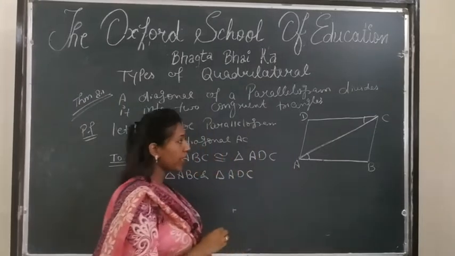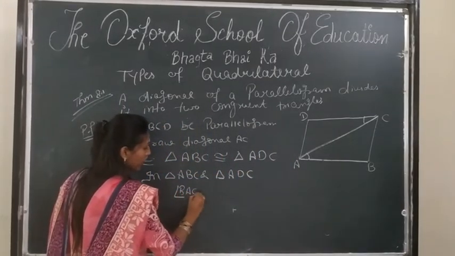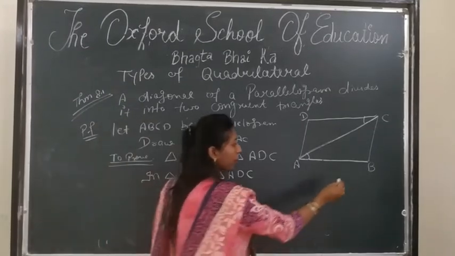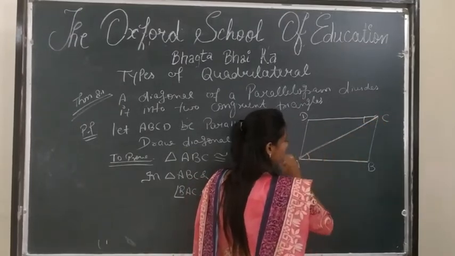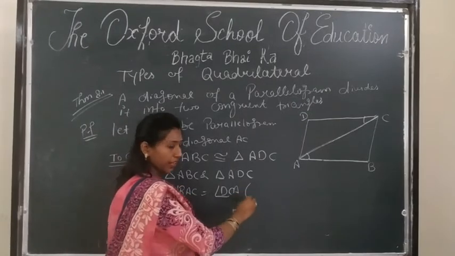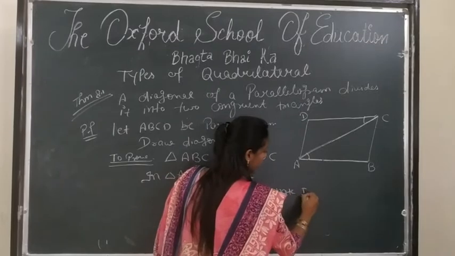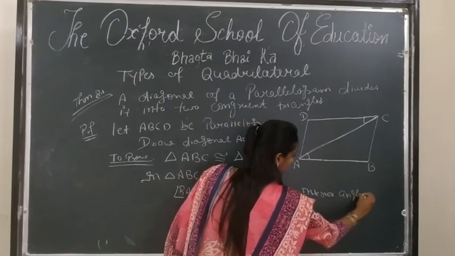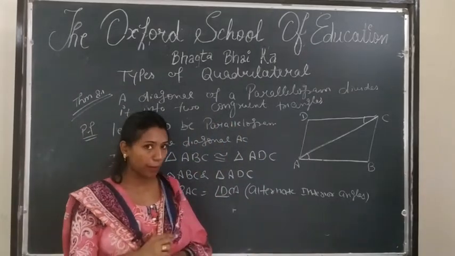By which property? Angle BAC is equal to angle DCA, by alternate interior angles. So when you are given parallel lines, you can use the result of the 6th chapter.